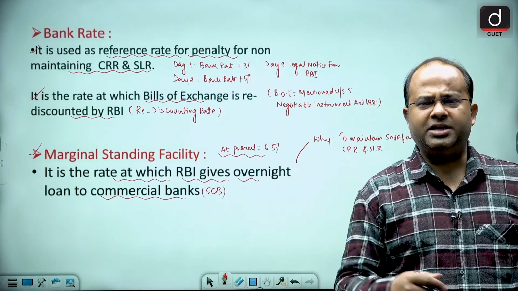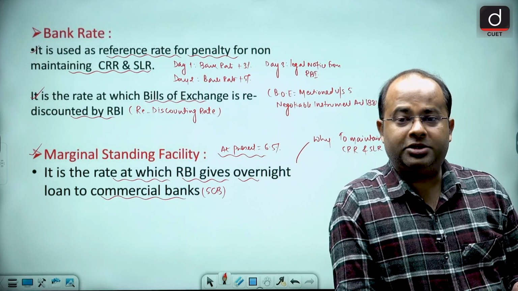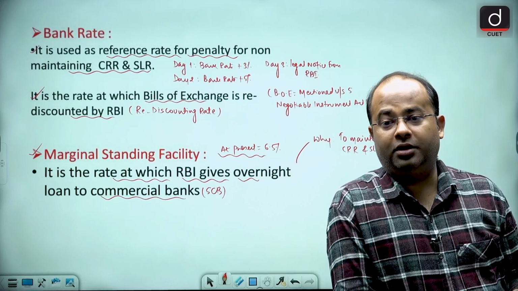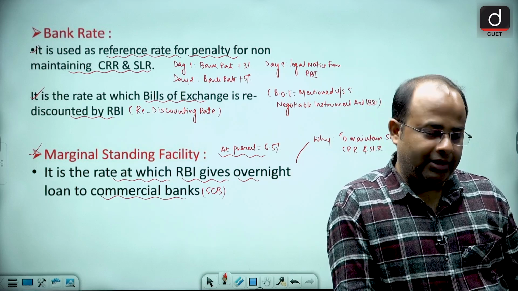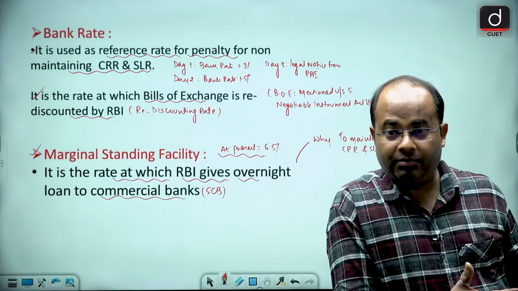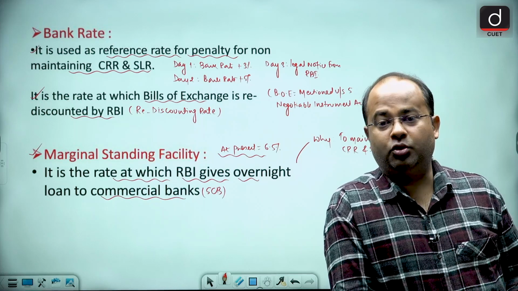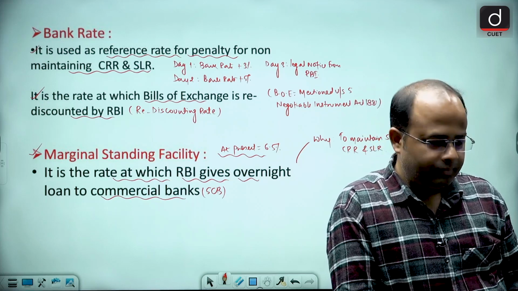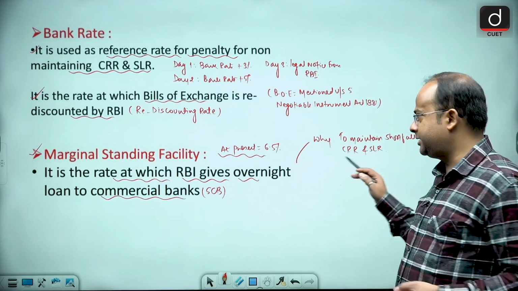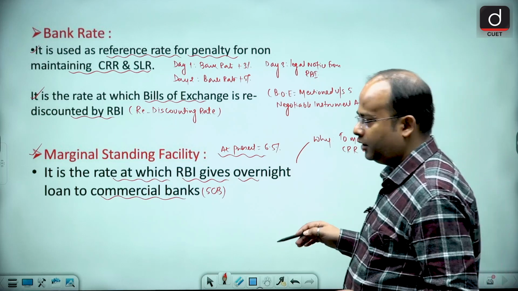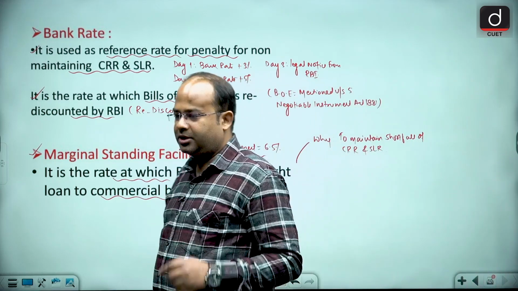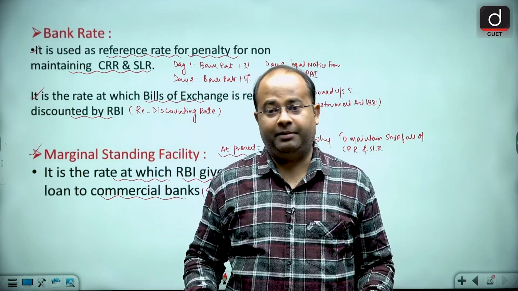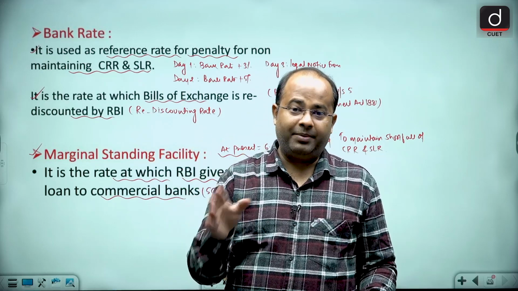So what happens, guys, if any big customer comes before a scheduled commercial bank and wants a loan, and the commercial bank is not able to manage that much amount very quickly? They can take the loan from Reserve Bank of India. So that is the method. Basically, primarily it is used to cover the shortfall of CRR and SLR, because once the shortfall of CRR and SLR happens, RBI will impose a penalty.